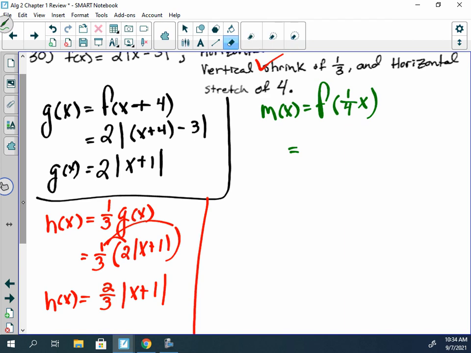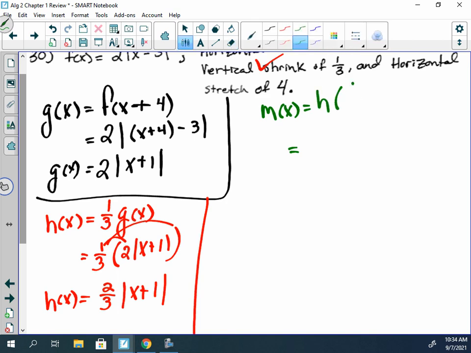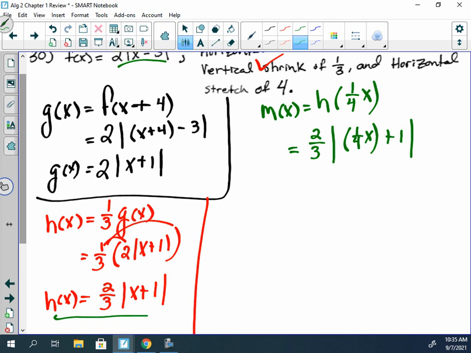Sorry, it's not f of x, it would be h of 1/4 x. Really the notation doesn't matter too much. It just helps us realize we're talking about this function, not the one we started with. So we're going to replace every x with 1/4 x, which tells us the function is 2/3 times the absolute value of 1/4 x plus 1.